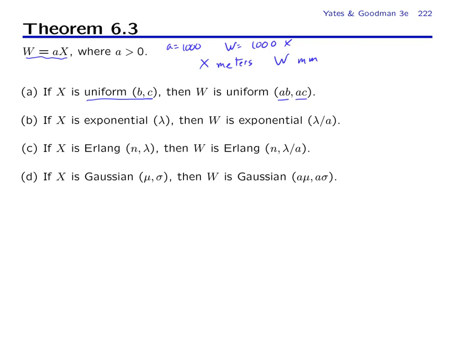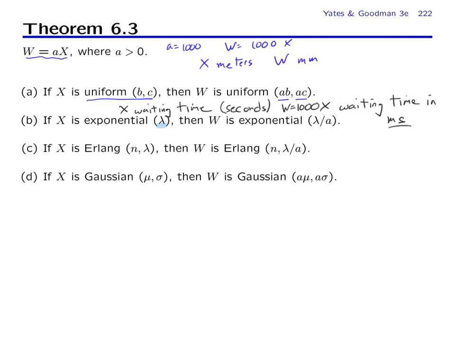So for instance, if X is exponential with parameter lambda, then it's an example of, for exponentials, X typically being some kind of waiting time. So we might be measuring X in seconds, and W equals 1000X is the same measurement, the waiting time in milliseconds.